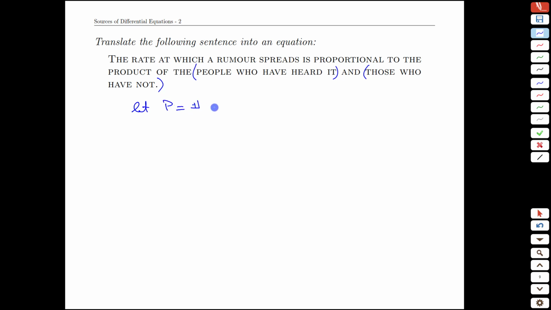Let P be the number of people who have heard the rumor. And if we're talking about the rate at which a rumor spreads, that is the rate of change of P. As more people hear the rumor, the number of people per unit time changes, that's dP/dt.